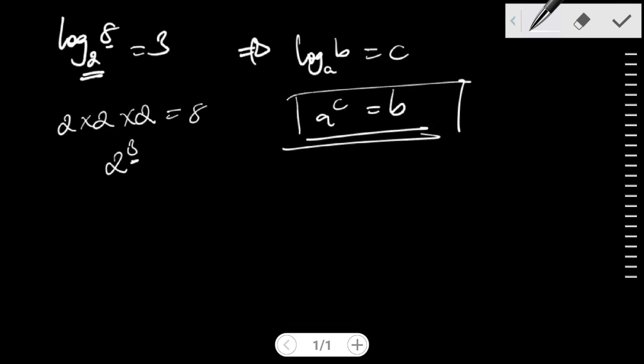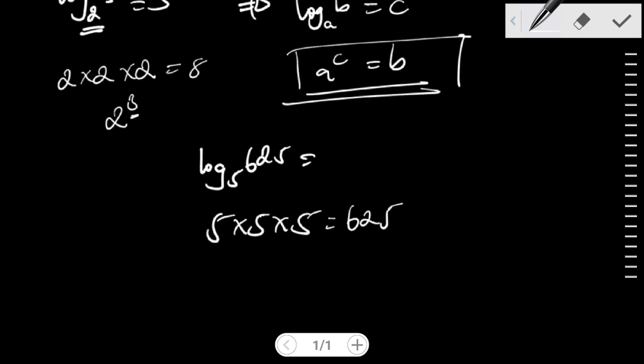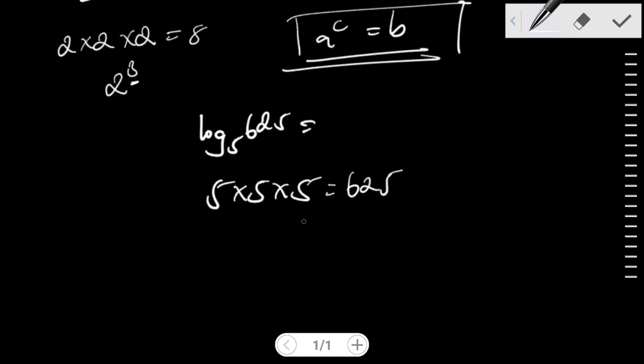For example, if I have another example, log base 5 of 625, I'll have 5 times 5 times 5 times 5, which would give me 625. So this is 5 to the power 4, which is 625, and therefore the answer here would be 4.